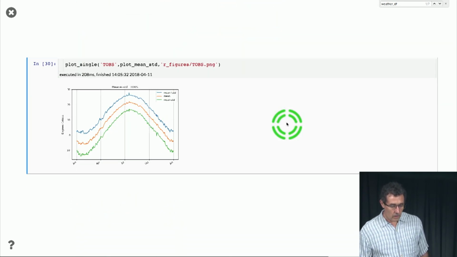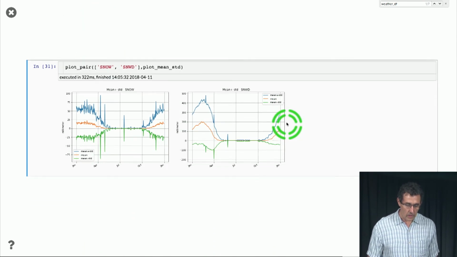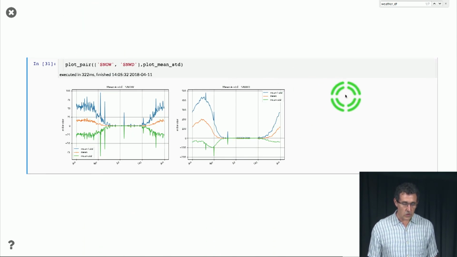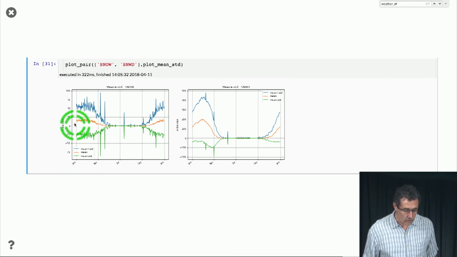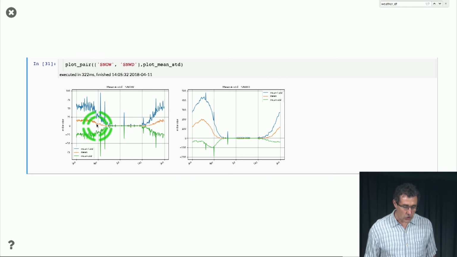So here is T observed again, and here we see the snow and snow depth. The left-hand graph tells us how much snow fell, and it's not surprising that snow falls mostly or only in the winter, January, February, March, and at the end of the year, September, October, November, December.